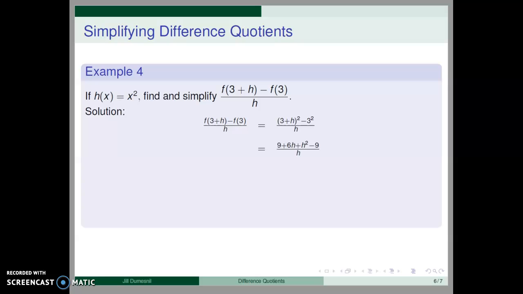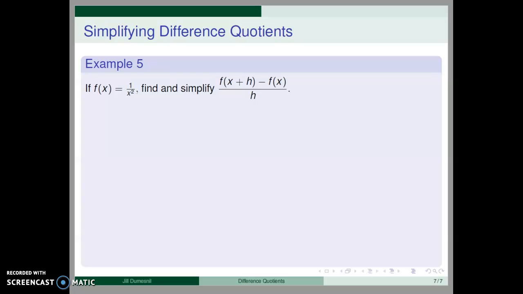So 3 plus h quantity squared is 9 plus 6h plus h squared. The 9's add out. Now we factor h in the numerator and cancel to get h plus 6.